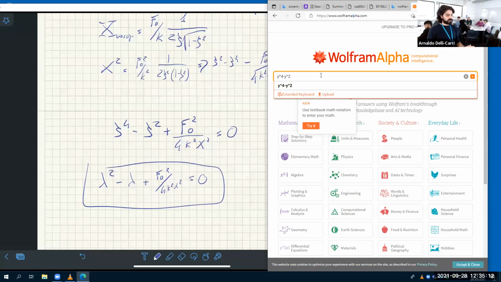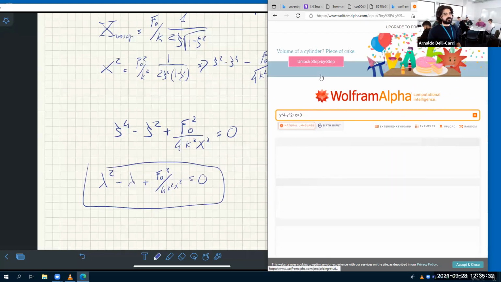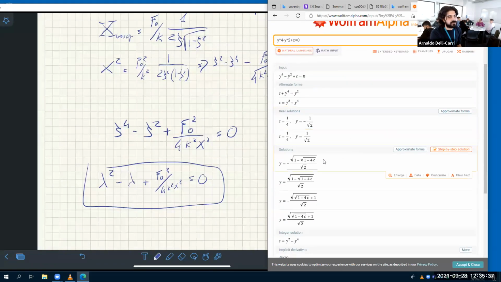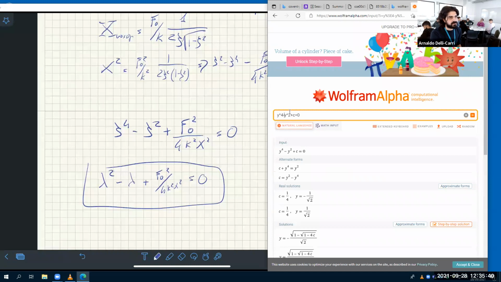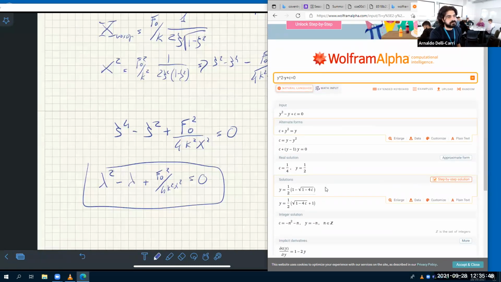So this is a quadratic equation. This is a, b, and c. So square root of b squared minus 4ac. So let me call this c. If you solve this, you get this. So the solution is this one.